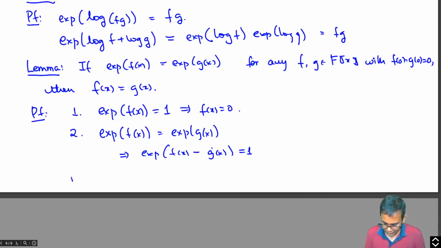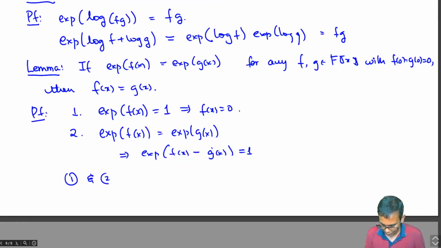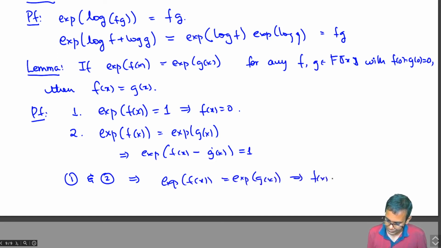And from this, exp f of x equals exp g of x implies that f of x equals g of x. So we just use the property of the exponential to prove the corresponding property of the log.